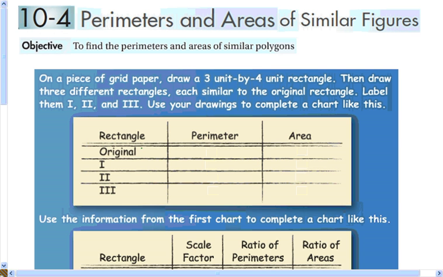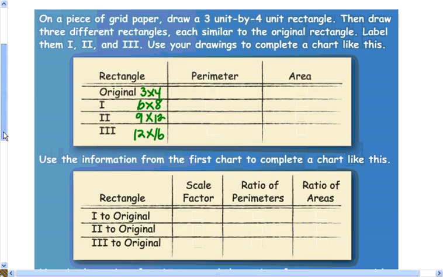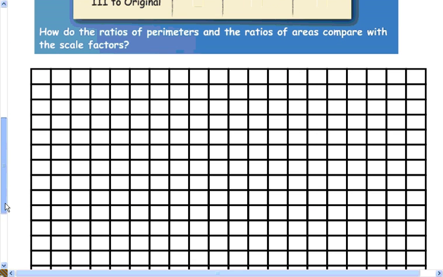My original is my 3 by 4. I'm just going to scale that up to a 6 by 8, a 9 by 12, and a 12 by 16. If you want to go ahead and draw those on the grid provided, you can do that now.